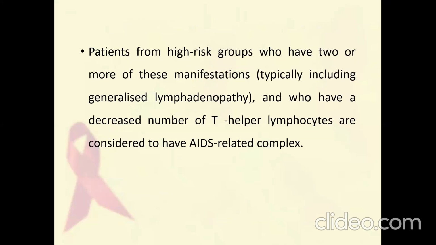Patients from high-risk groups who have two or more of these manifestations, typically including generalized lymphadenopathy, and who have a decreased number of T helper lymphocytes, are considered to have AIDS-related complex. So a person with two or more of these symptoms, with generalized lymphadenopathy and decreased number of T helper lymphocytes, is considered to have AIDS-related complex.